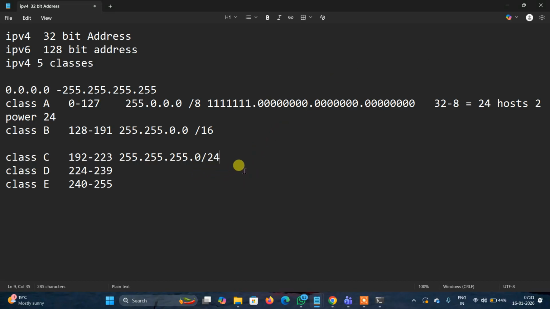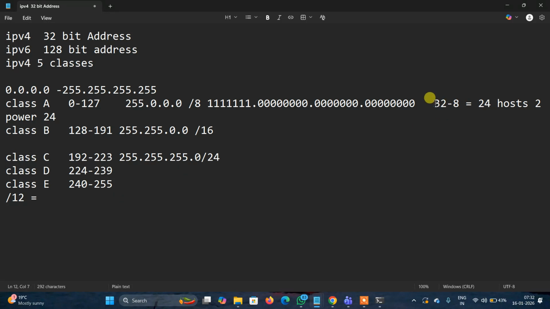Suppose I write down a /12 value. Can you tell me how many network bits there are and how many host bits there are?